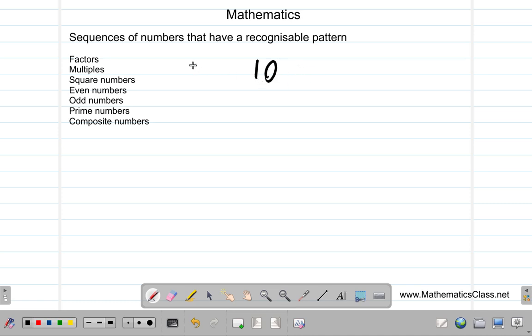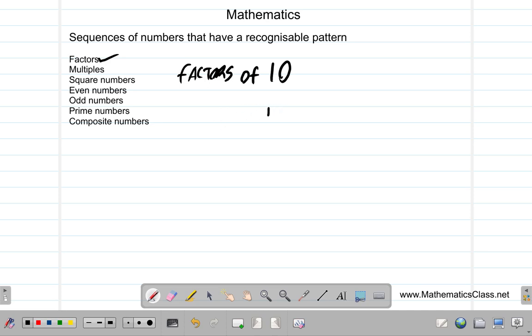Factors of 10 means you want the numbers that can divide into 10 without leaving a remainder. So what are the factors of 10?